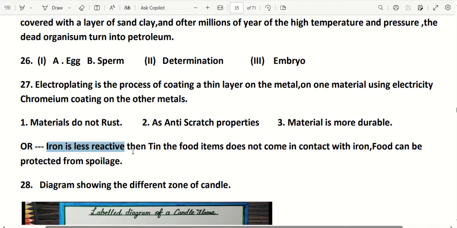Iron is more reactive than tin, so food items should not come in contact with the iron. Food can be protected from spoilage, so we have to use tin here.